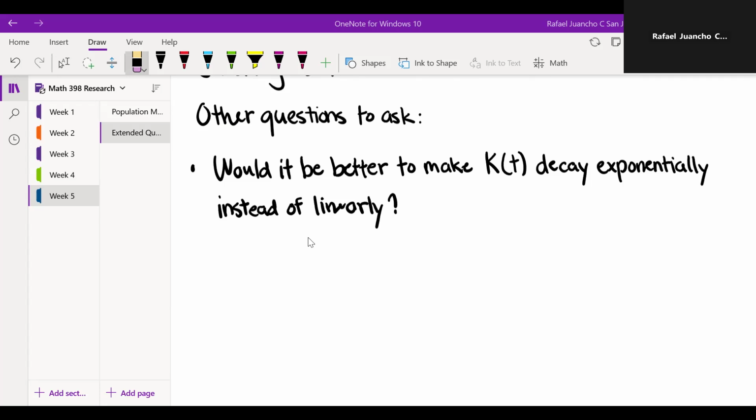I'm trying to think. Yeah, because I'm trying to get a Desmos generated graph, but I can't seem to get that one.